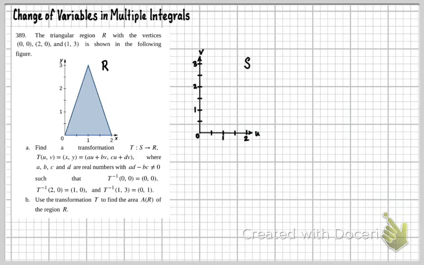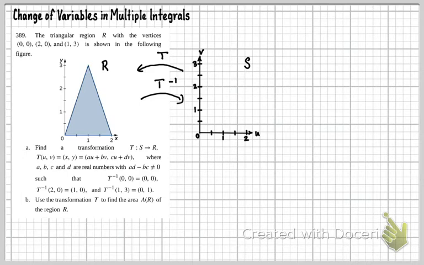So here's S. With S being here, now we can look below, and keep in mind that T is a mapping from S to R. So T is going to go this way. That's my T. And if I go the other way, that's going to be T inverse. Now notice below that this says T inverse of (0, 0).